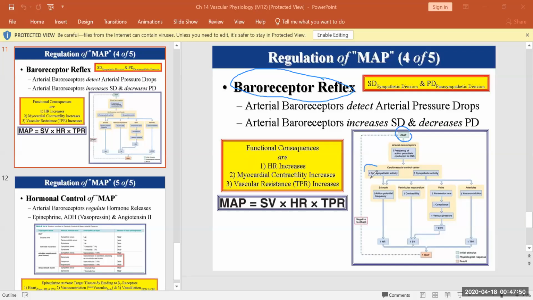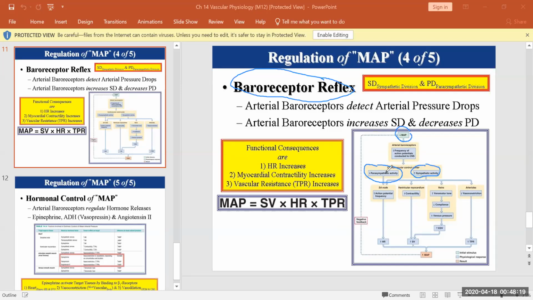The parasympathetic activity will decrease. So at the SA node here, when you are basically dropping the parasympathetic activity, in other words, your heart cannot be slowed down. Simultaneously, your sympathetic activity has been mobilized, activated.